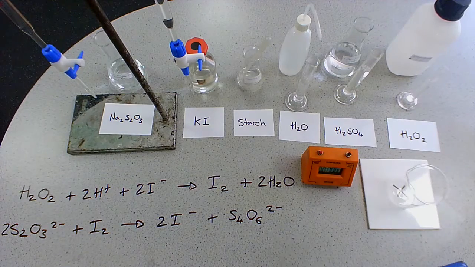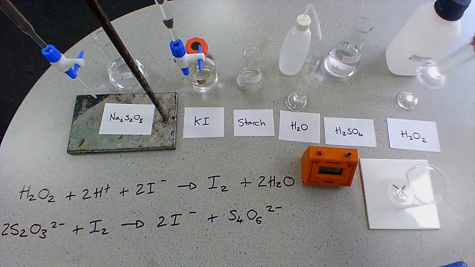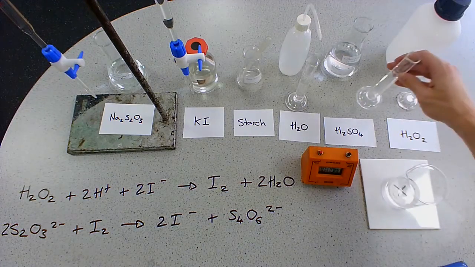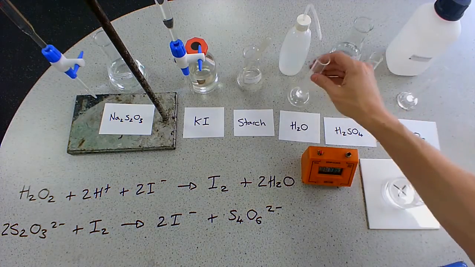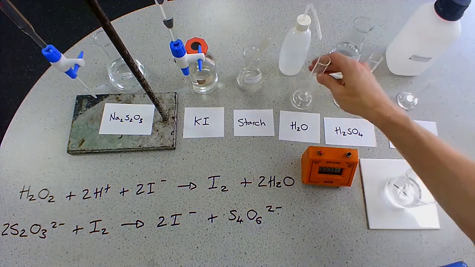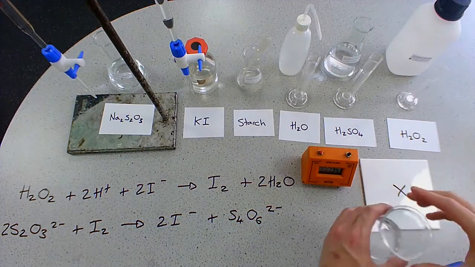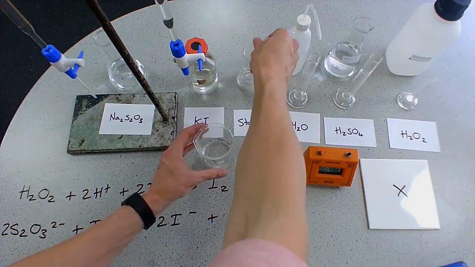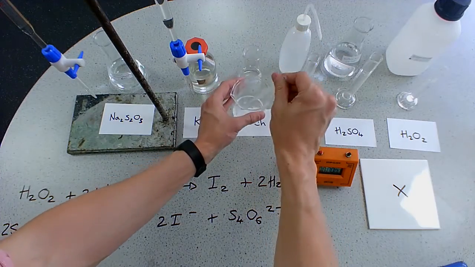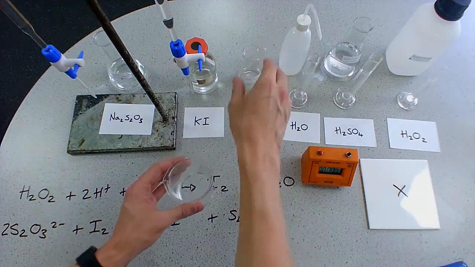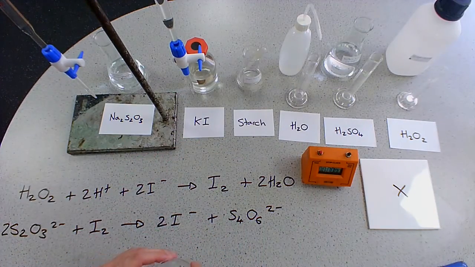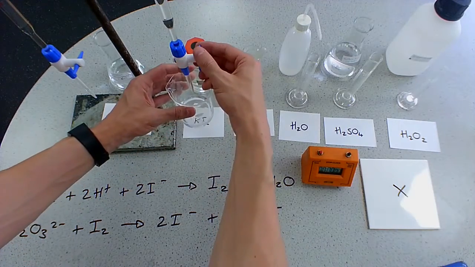So we start off with 25 centimeters cubed of sulfuric acid, 20 centimeters cubed of water, approximately a centimeter cubed of starch solution, and just the 5 centimeters cubed of the potassium iodide and 5 centimeters cubed of sodium thiosulfate.